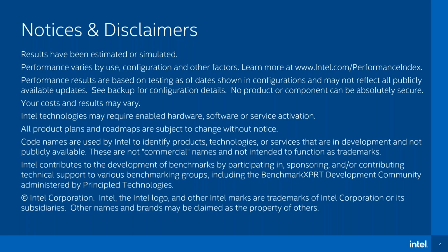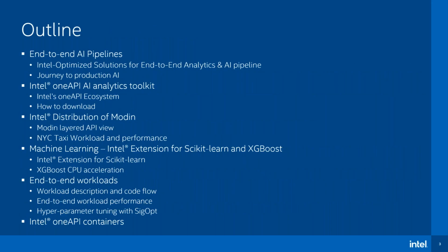So let me start with the outline first. We will begin with motivation for what we mean by end-to-end AI pipelines, and why it's extremely important to think about the entire pipeline, not just the model building or the training portion or the inference portion by itself, standalone, because anything you do, either in research and development as a data scientist, a machine learning engineer, or an HPC AI researcher, you pretty much go through every one of these phases and you spend significant amounts of human capital, in terms of human cycles, hardware cycles, and software cycles, as you think about your problem as a full end-to-end pipeline.